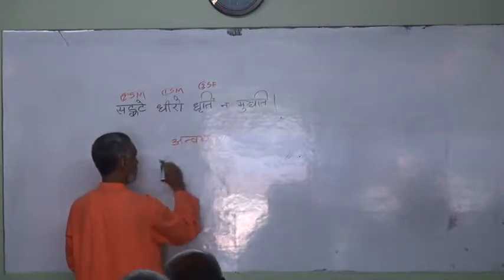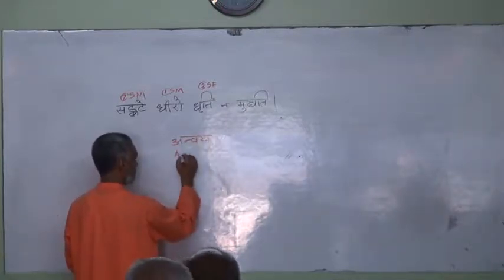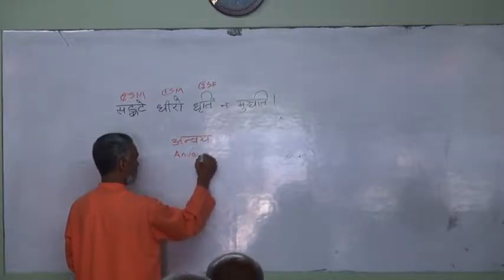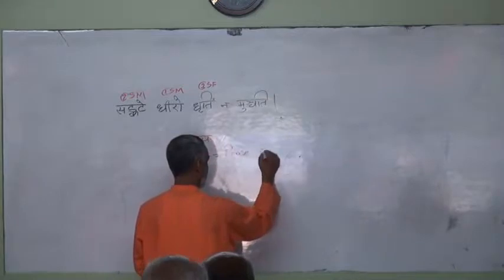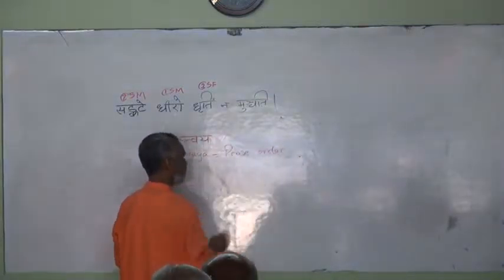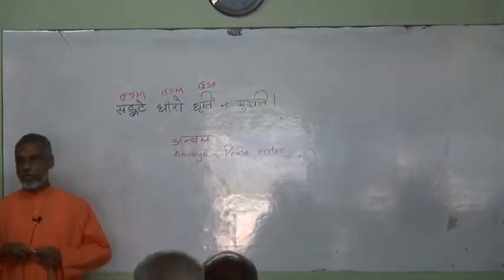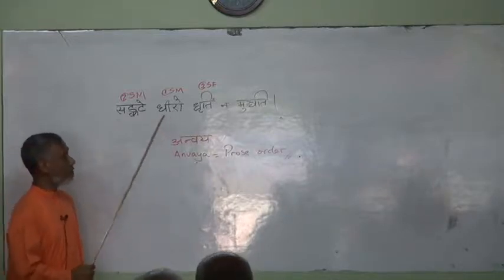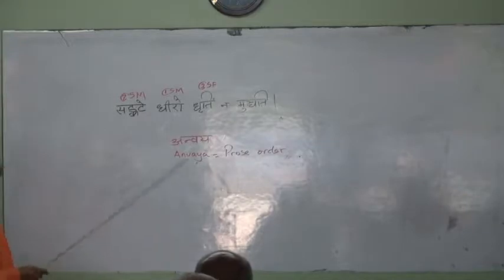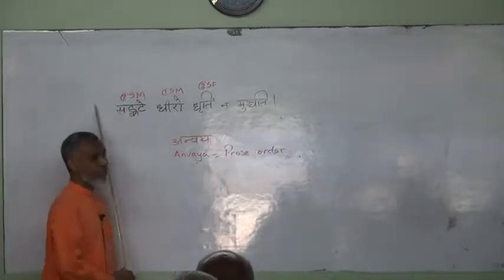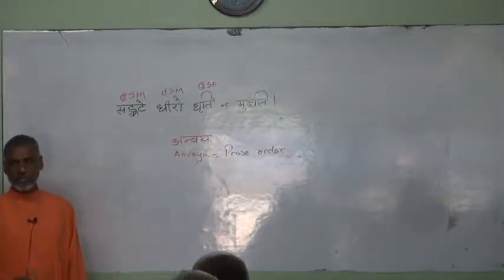So I told you there is something called Anvaya. What is Anvaya now? The prose order. Because this is how you will encounter your Sanskrit, in Ramayana or Bhagavata or the Bhagavad Gita, with all the words all over the place, right?